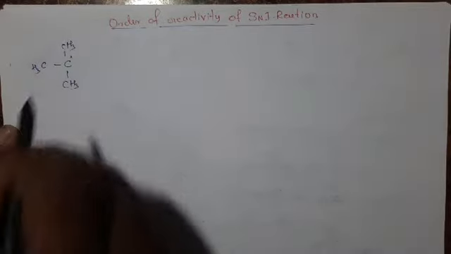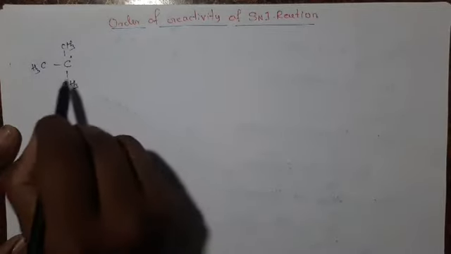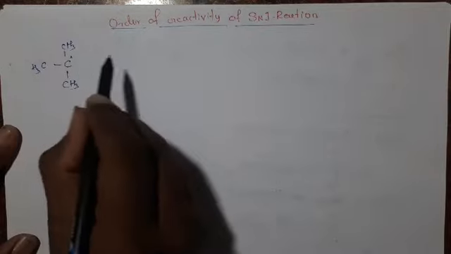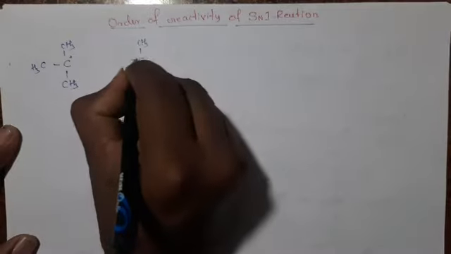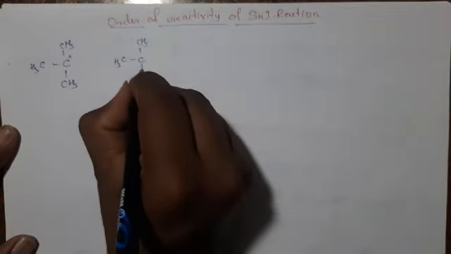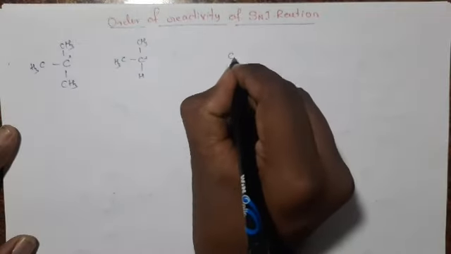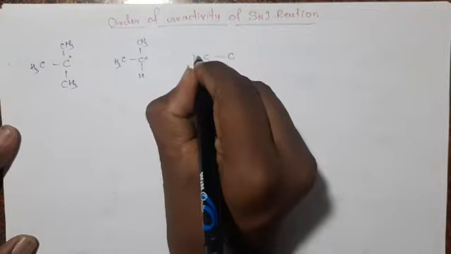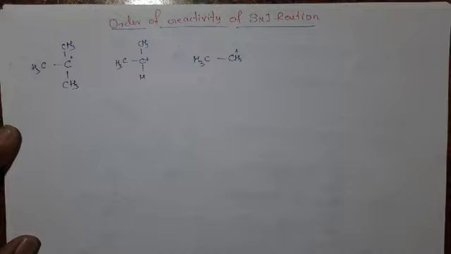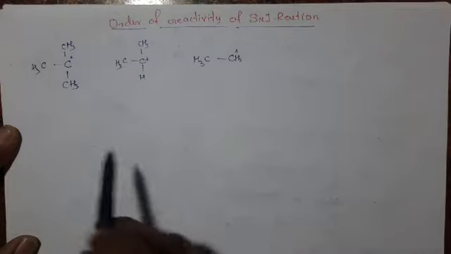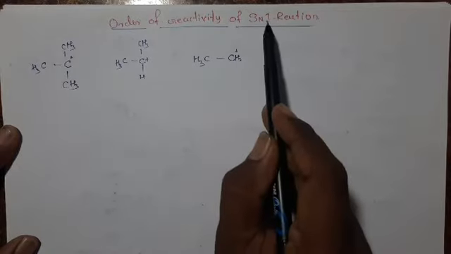Tertiary carbocation is more stable, hence more reactive than the secondary carbocation. This is our tertiary carbocation, this is secondary carbocation, and this is primary carbocation.